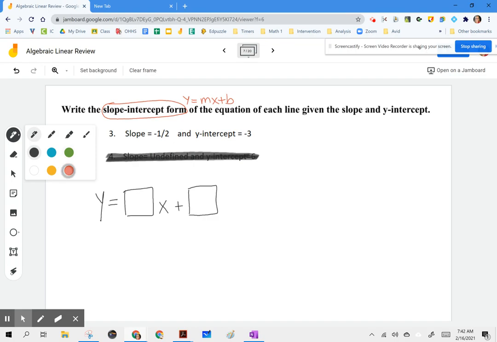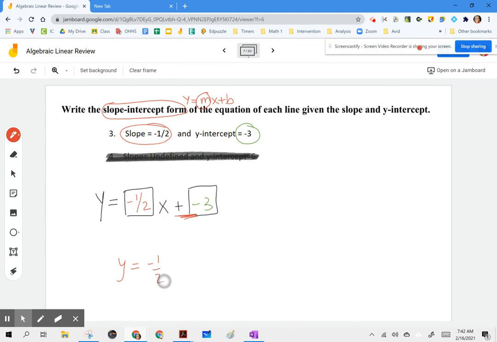The slope in this case is -1/2, and that represents the m. So that's just going to go right here in front of the x, and the y-intercept is going to be -3, and that just goes here. Now remember though, we are not allowed to have two signs back to back, so we need to simplify that. So y equals -1/2 x minus 3.